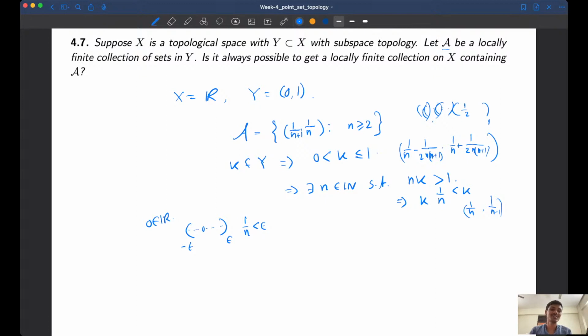So you could say that 0 does not belong to the collection A, so it does not intersect any of the sets, so it is locally finite by your definition, right? Yeah. But it is not. So the neighborhood should intersect finitely many elements.